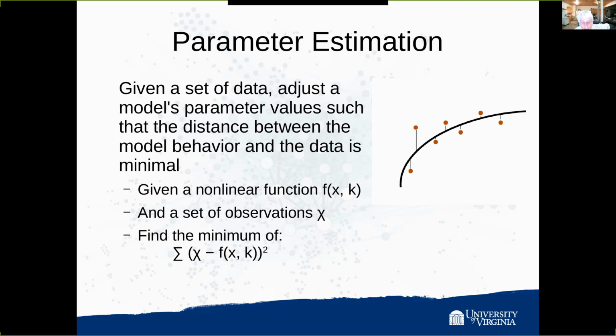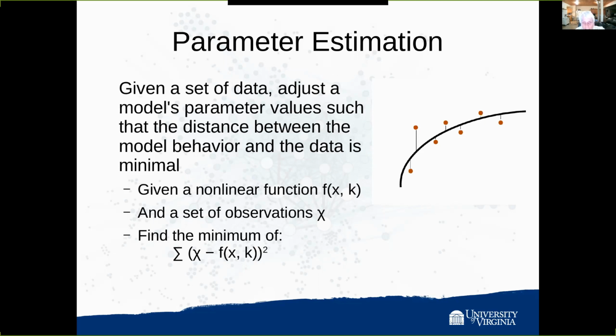So in general, it's a minimum. For each observable, we look at the distance to our simulated variable, and we sum up these distances, actually the square of these distances, and we try to minimize that.